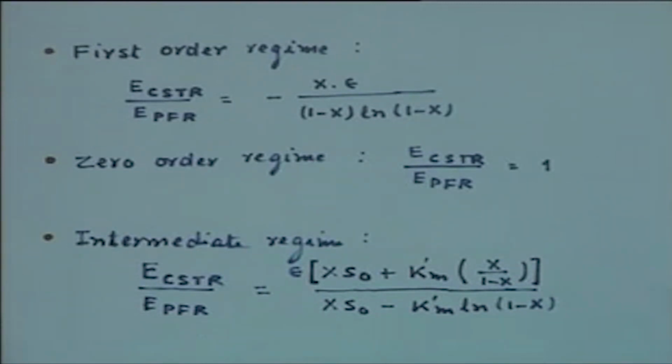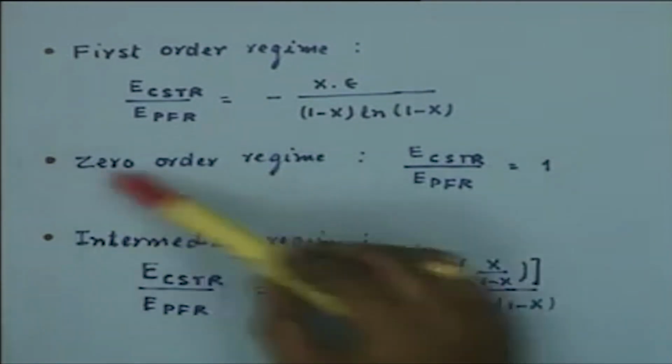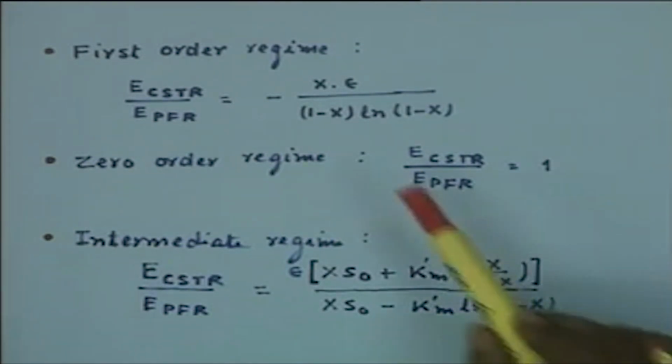If for example there are 2 parameters, either you can keep the space time constant and increase the enzyme loading, or you can keep the enzyme loading constant, then the space time can be varied, and in the case of PFR the space time required will be much less compared to CSTR in the first order regime. And then of course, in the 0 order regime the space time will also be identical in the 2 cases.